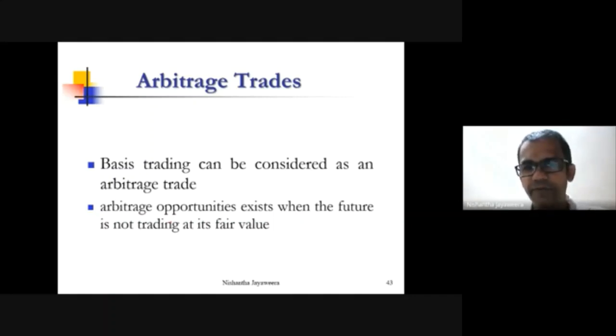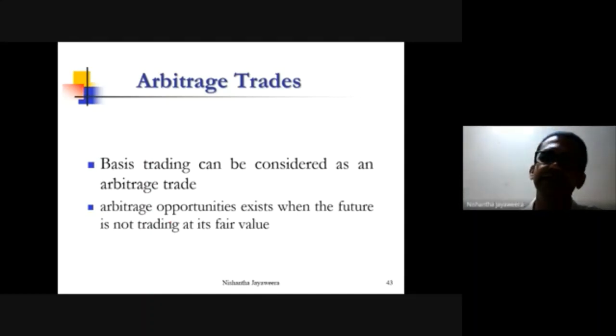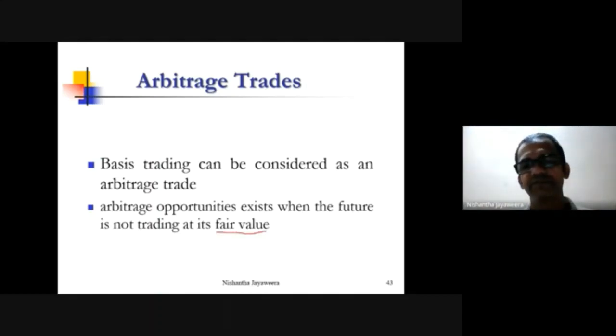However, as I explained, how do we explore the arbitrage opportunities through futures? We can have arbitrage opportunities whenever the futures price is not priced fairly. If the futures price is not fair, then there will be an arbitrage opportunity.